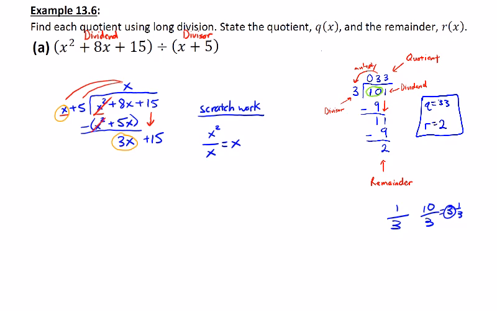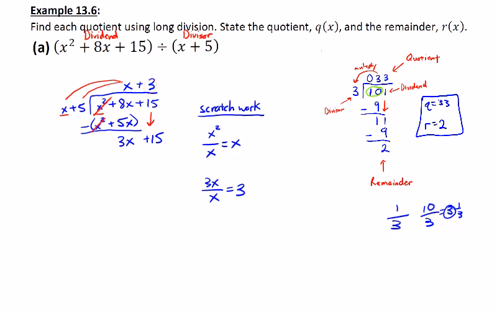So let me come over here into my scratch work and let me put the expression 3x divided by x. And that would just end up resulting in 3. And that's a positive 3, so we're going to put plus 3 right here next to the x. So that 3 that we just came up with in the quotient would be analogous to the second 3 that we have in the quotient for our whole number example.